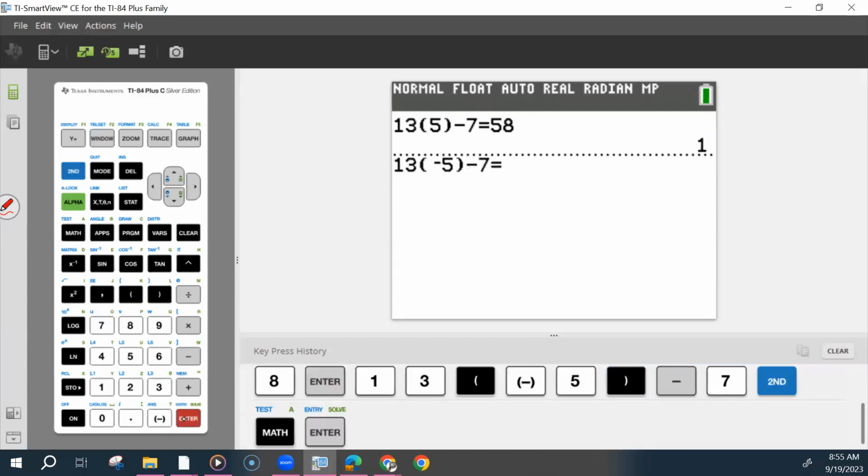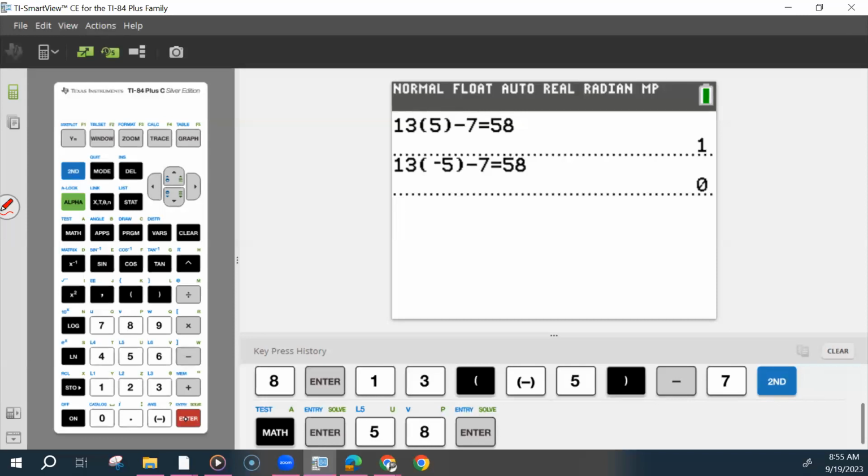Second math is how we get the equals. And you'll see that 0. So now, if I was doing this back to back like this, I could see, oh, it was the negative, that was where I went wrong. But if I was just putting this in out of the blue and I got a 0, I'd have to refix it to see where did I go wrong. But that's a good way to check yourself also, without just putting it back in.